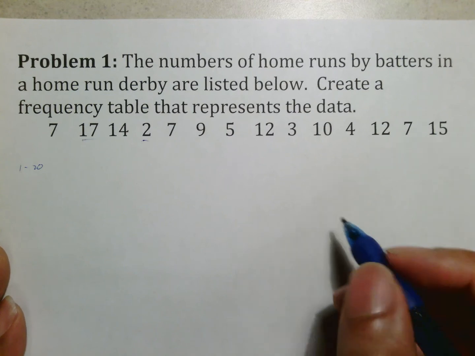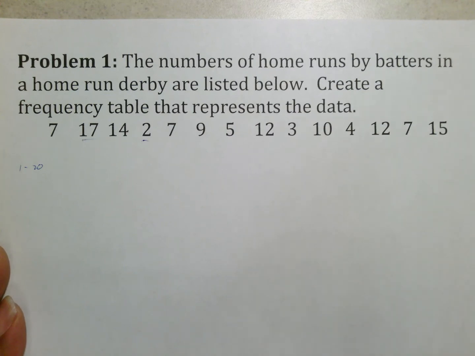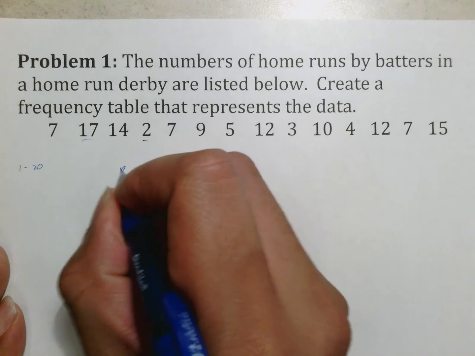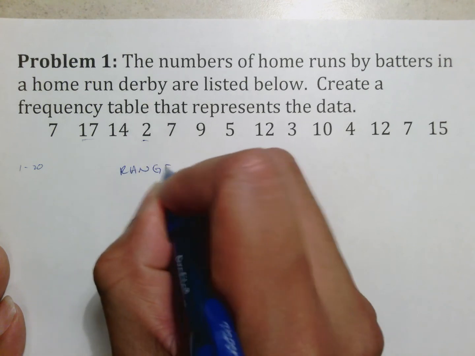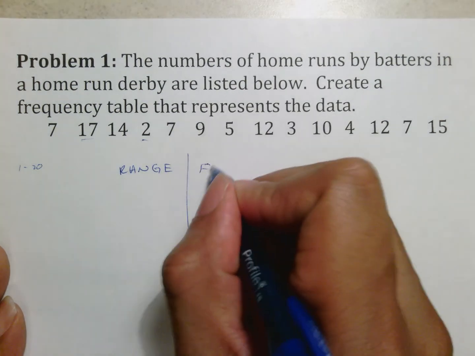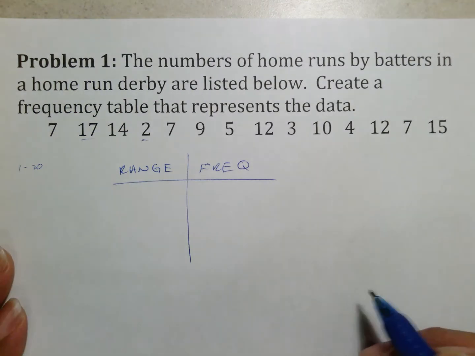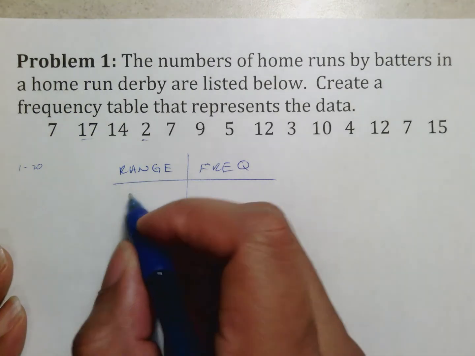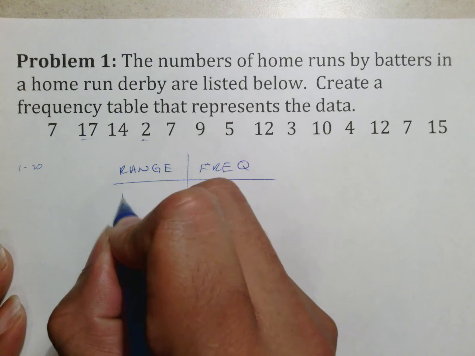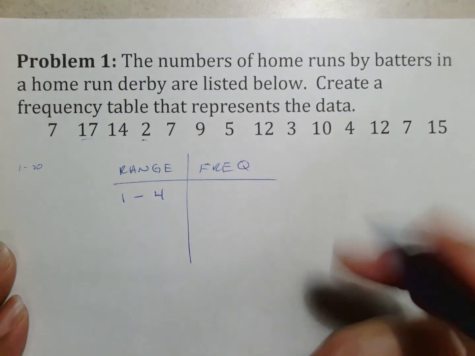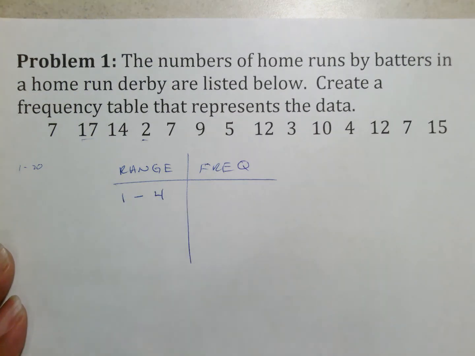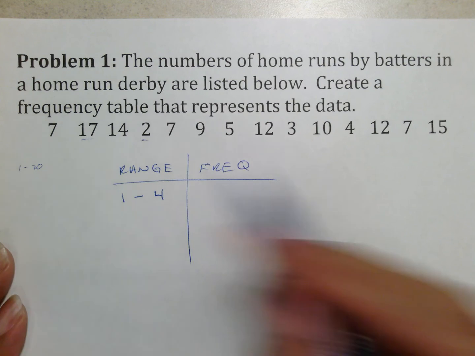So what I'm going to do is break my frequency table into a certain range. My range is the first part that I would write, and the frequency is how often that range occurs. So my first range, and I have to make sure I cover everything, is I'm going to go from 1 to 4. You could also go 1 to 5, but I wouldn't go any further than that because this range is so small.